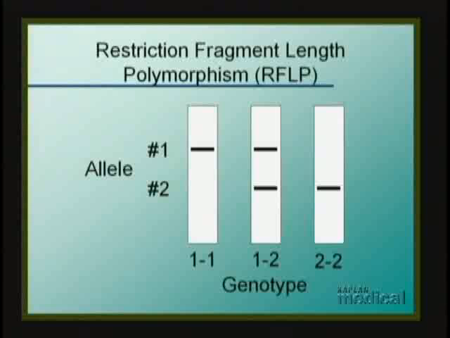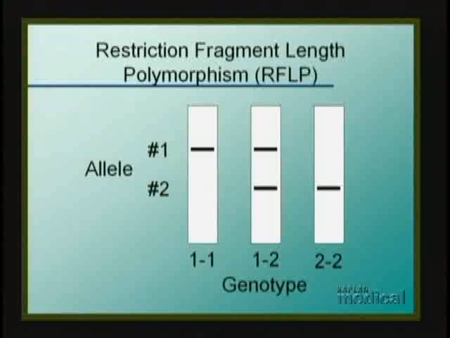So in the population, there will be people with 3 possible genotypes for this RFLP gene: people who are homozygous 1-1, people who are heterozygous 1-2, and people who are homozygous 2-2. The people with each of those 3 different genotypes will give different patterns of bands on the Southern blots, as indicated here. And so this is the way that we can identify which genotype a particular person has.